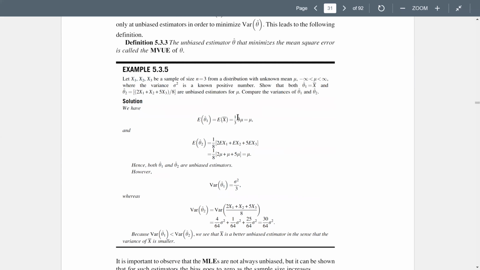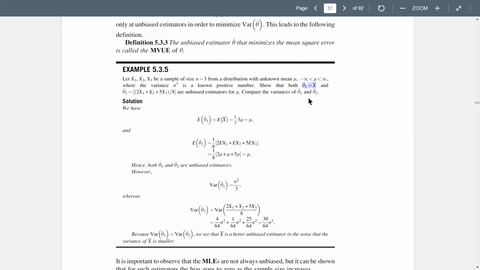Equal to 3 mu, because theta 1 hat equals x bar, so the expected value of theta 1 hat equals the expected value of x bar. But you can rewrite it.